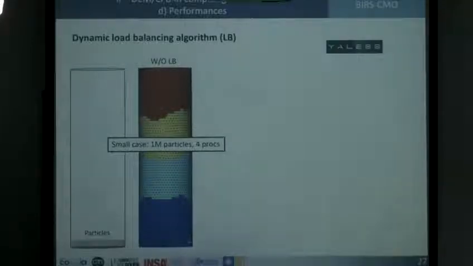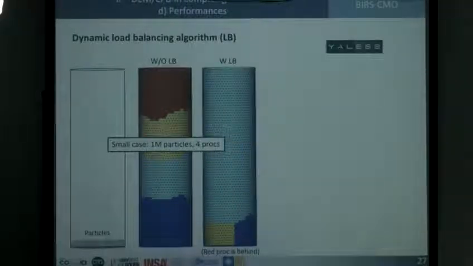So here on a very simple case, you can see that for a bunch of particles at the very bottom of this cylindrical part, that mesh partitioning is proposed by a classical algorithm. But we would prefer something like this, where the particle phase is dispatched between 3 processors rather than 1, obviously.